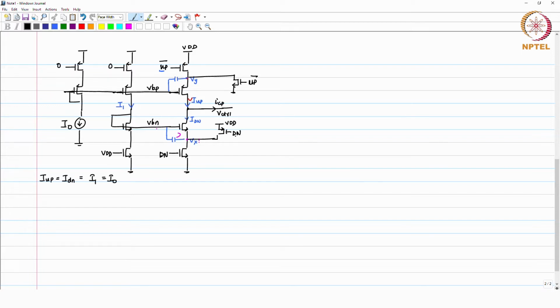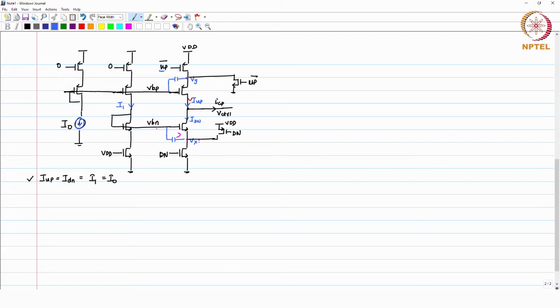Now, as I said, it is our assumption that I up is equal to I down, which is equal to I1 and which is same as I naught. This is the current which you control from outside. So, you have a control on this. Depending on this, your current should change at the output.